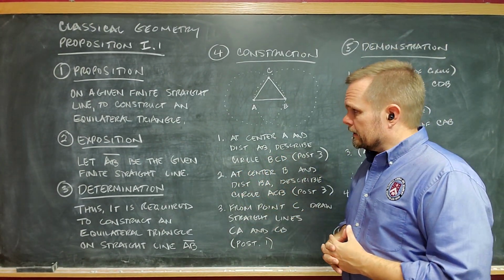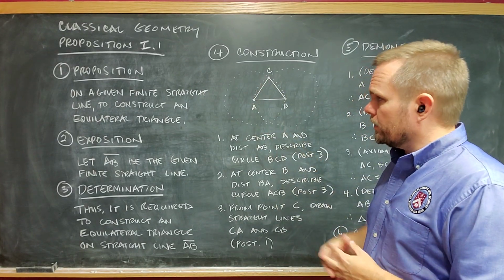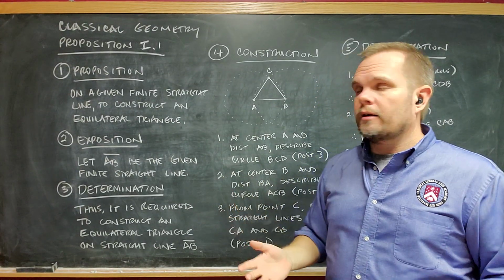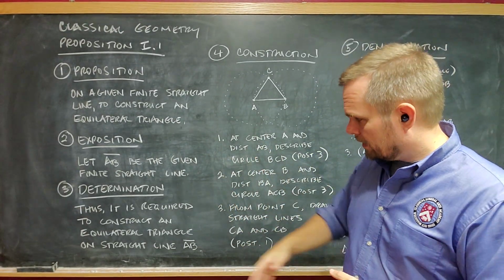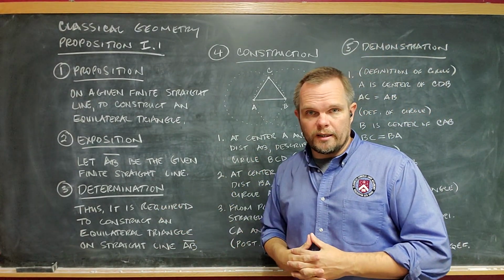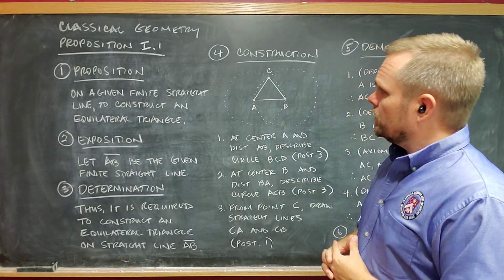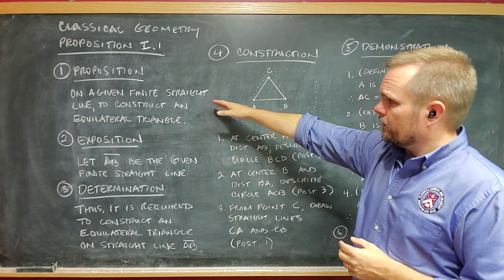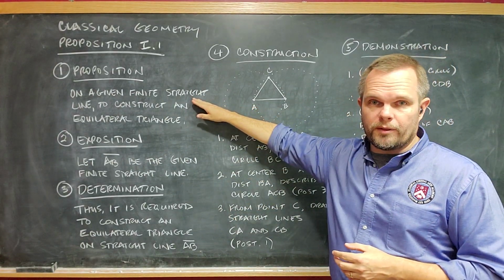Okay? In proposition 1.1, our first proposition is a problem. How do we know that? There's something to be done. And we'll look at that in more detail as we go. All right? So, what is our proposition, our first proposition here? We have it written out here under part 1, the proposition.